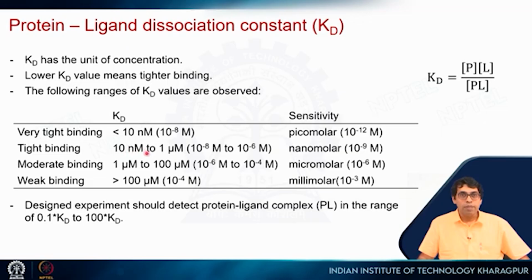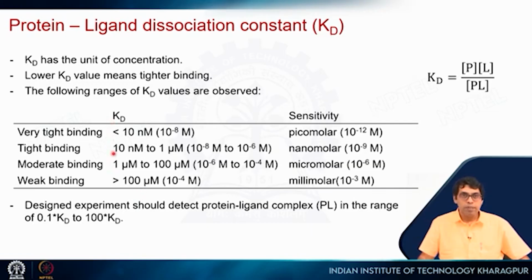When the binding affinity is between 10 nanomolar and 1 micromolar, so 10 to the minus 8 to 10 to the minus 6, that is what we call tight binding. So, the sensitivity is in the nanomolar range. 1 micromolar to 100 micromolar is moderate, and if it is greater than 100 micromolar, it is very weak binding.